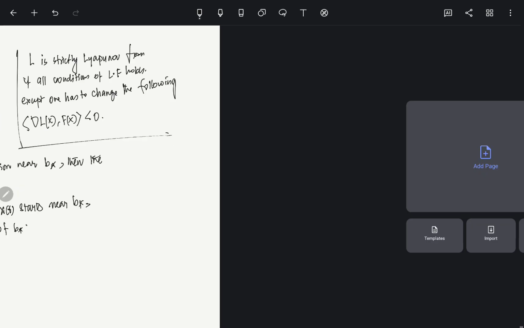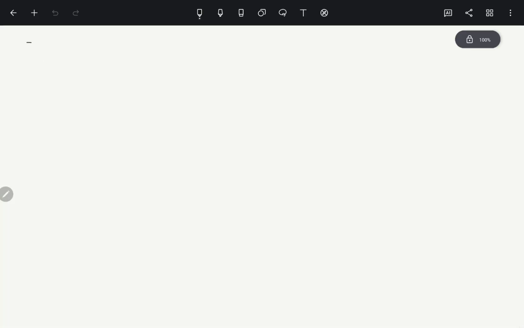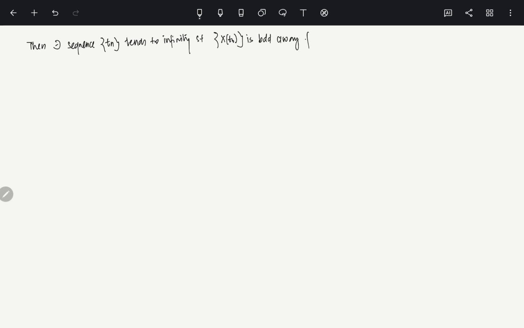Then there exists a sequence Tn which tends to infinity such that x of Tn is bounded away from B star, because if it cannot converge to B star, it should be away from B star.